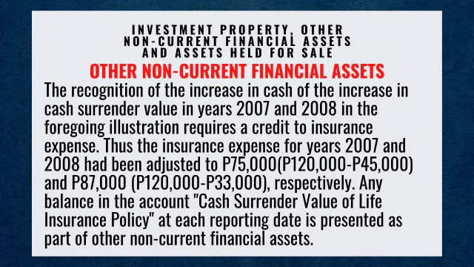requires a credit to insurance expense. Thus, the insurance expense for years 2007 and 2008 had been adjusted to 75,000 pesos, which is 120,000 pesos less 45,000 pesos, and 87,000 pesos, which is 120,000 pesos less 33,000 pesos, respectively.